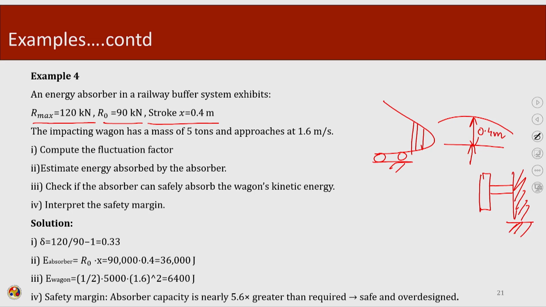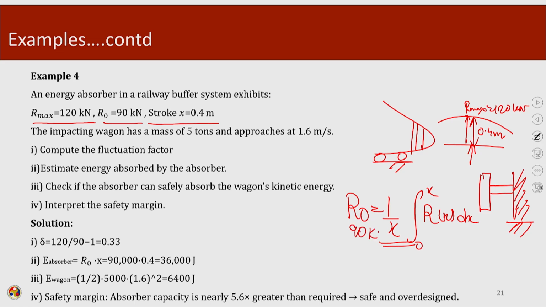The value of R max is 120 kilonewton, and the average reaction force, that is the integration of R x averaged over the entire stroke length, is 90 kilonewton. So, these are the given values.